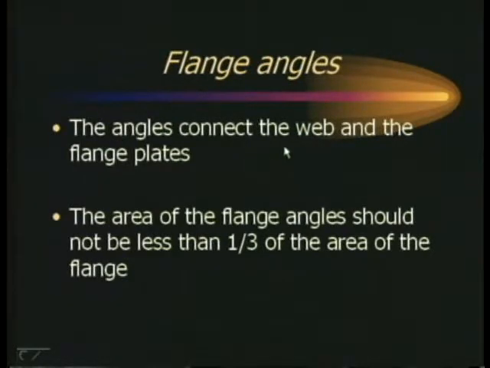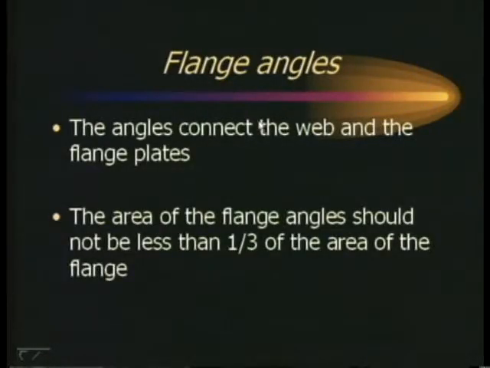By making these two connections, all the members will be in their position. They do not move out of place. That is the purpose of a flange angle. The first important thing is they take some bending moment. The second important thing is they keep the members in their respective positions.